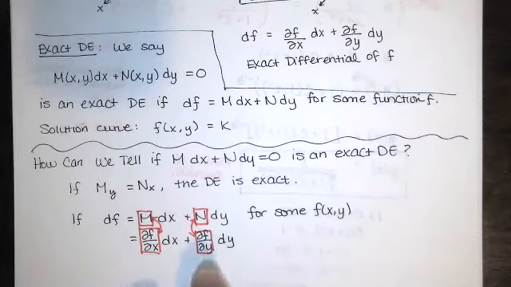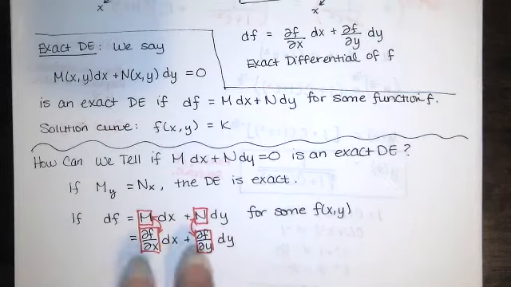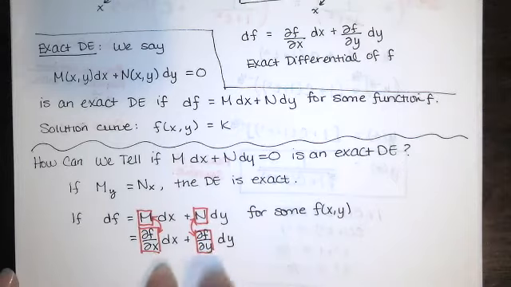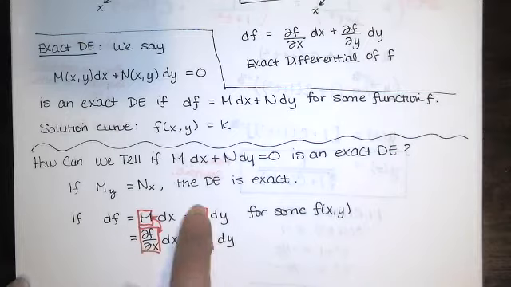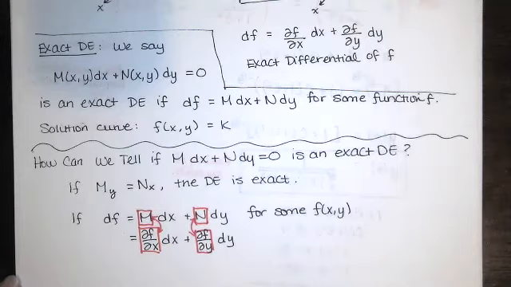So we're getting mixed partials for second partial derivatives. If the mixed partials are the same for that function f, or if the partial of this one with respect to y is the partial of this one with respect to x, well then we're saying that there's a function out there, f, where this is satisfied. The partial of f with respect to x is this, and the partial of f with respect to y is that. Okay. Ask me questions if you need to about the details with that.